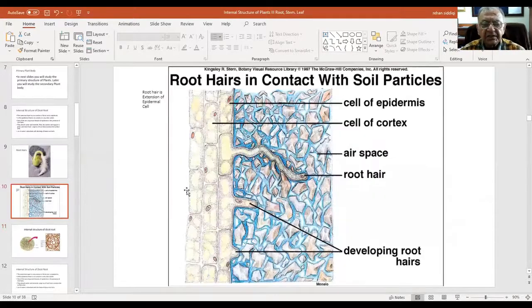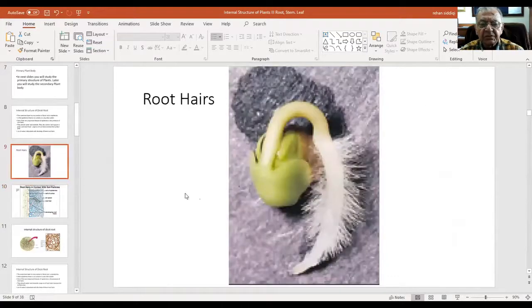You can see that they are extensions of epidermal cells, and there is a large number of root hairs on the root, and they increase the surface area to absorb water. They play a very important role in the absorption of water.